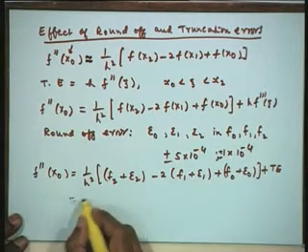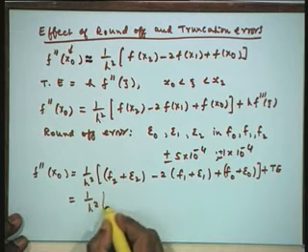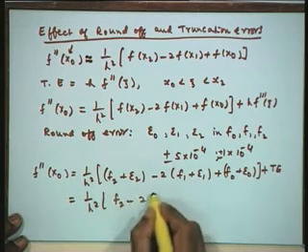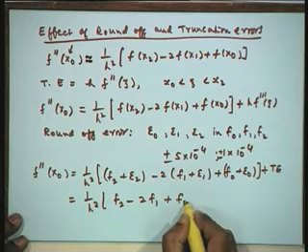Therefore, this is equal to 1 upon h square (f2 minus 2 f1 plus f0).